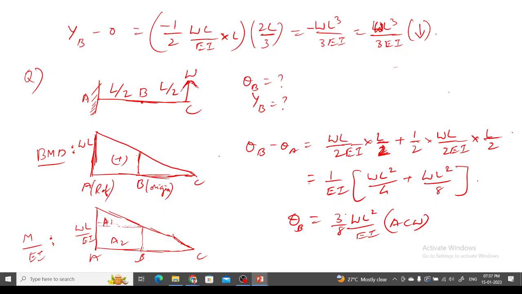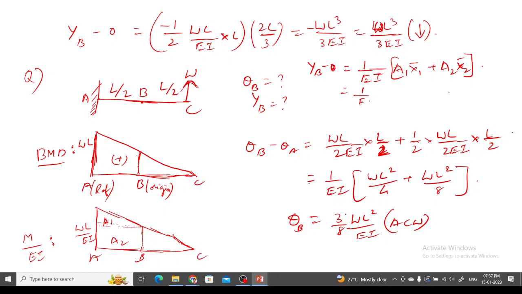How we calculated theta B. In a similar line, can you calculate YB? Since YA is 0, I will write it explicitly: YB minus YA is equal to 1 by EI, which I am taking outside since EI is constant, into A1 into X1 bar plus A2 into X2 bar, where X1 and X2 are the centroids of the areas A1 and A2.